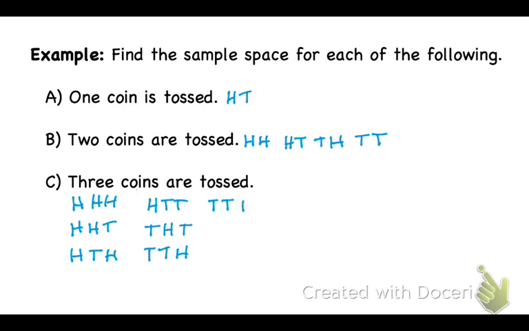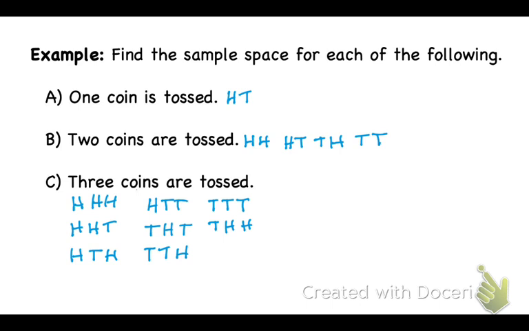I think we're missing something. Tails, heads, heads. Yeah. So when you do these, you have to do them in some kind of an order so you can keep your pattern, right? So heads, heads, heads, then heads, heads, tails, and then we're going to move the tails forward. Did we do a tails, heads, heads? Nope. And 8 is all there is.